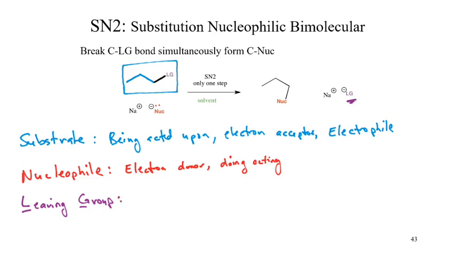The leaving group steals electrons, or takes electrons, from our substrate. And that's going to be helpful, and in fact we can color code that: takes electrons from the substrate.